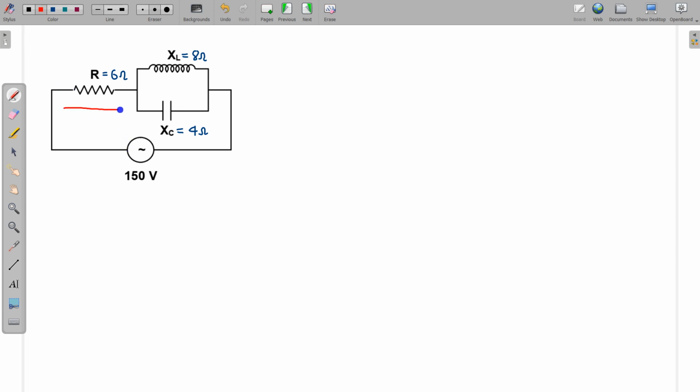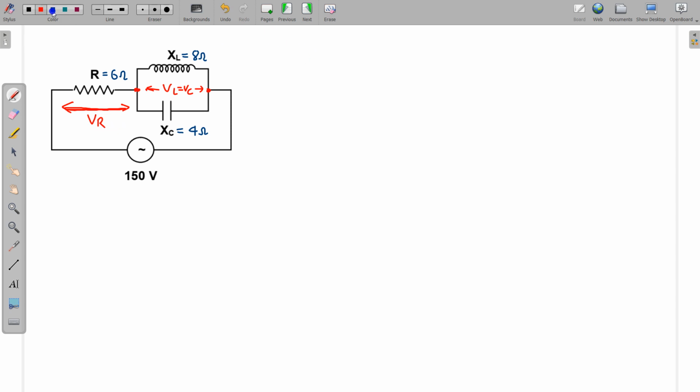There is a voltage drop across the resistor, which I can call VR, and since this inductor and capacitor are connected in parallel, the potential difference between these two terminals is equal to the potential difference across the inductor and also across the capacitor. So VL is equal to VC.